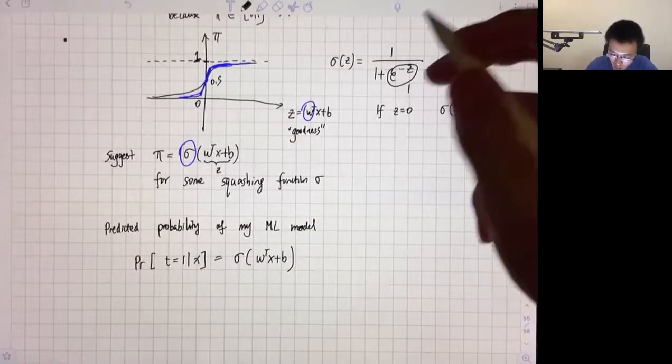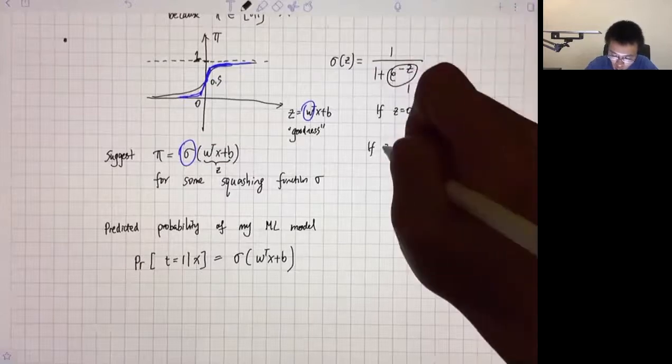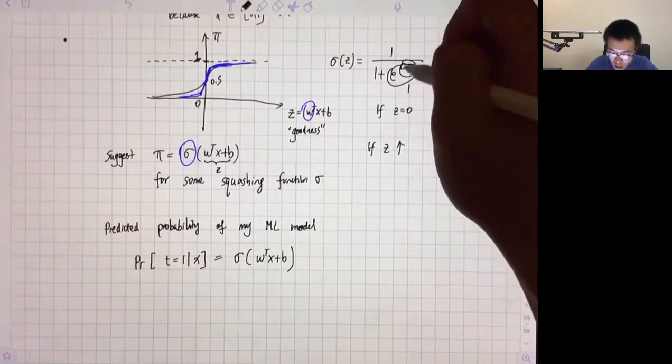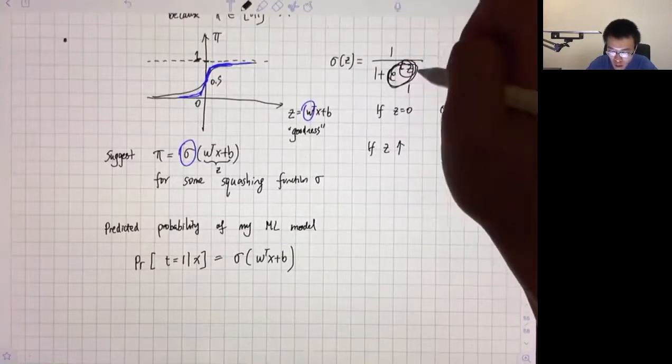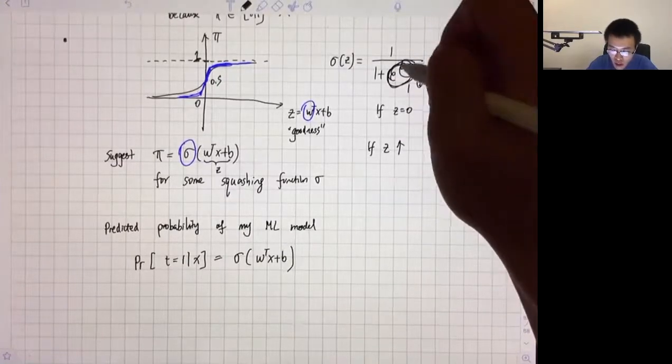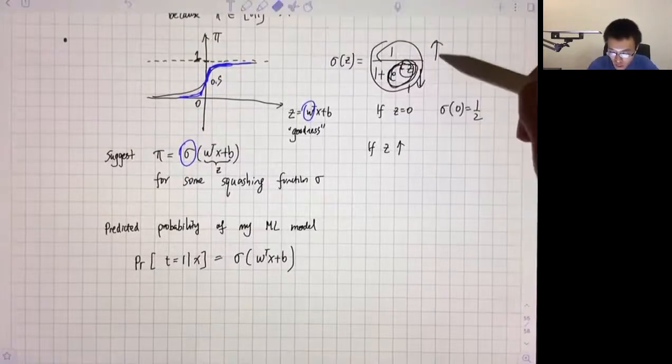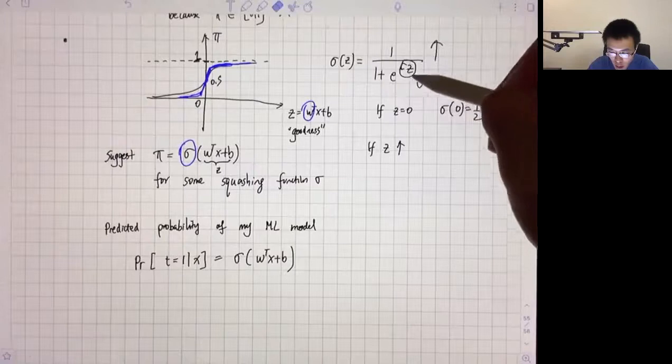If Z increases, if I have a larger Z, then I have a smaller minus Z, then exponential of minus Z decreases, then the entire term increases. So this is a monotonically increasing function.